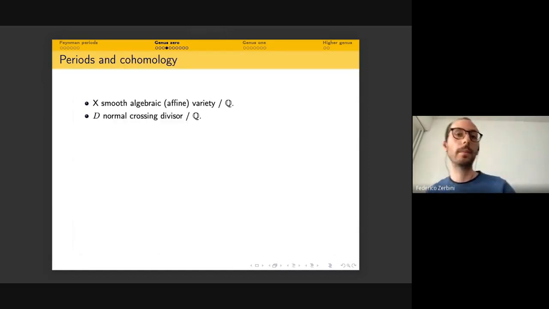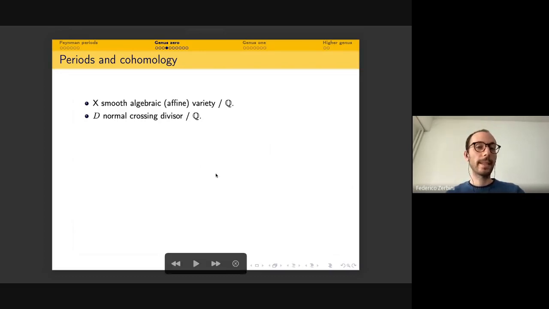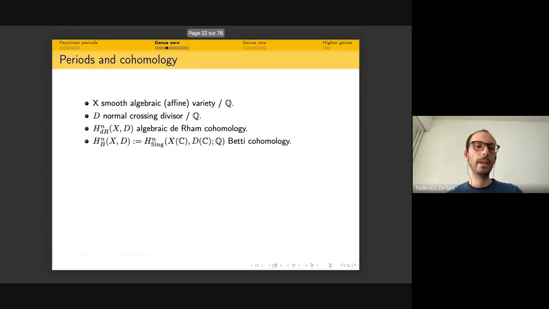So let's go to periods and cohomology. You probably all know all this, but let me briefly remind you. What's the setting? So we have a smooth algebraic variety. You can also think of an affine variety for the purpose of this talk, and a normal crossing divisor, everything defined over Q. Then you consider the algebraic de Rham cohomology of your variety, which for affine varieties is just the cohomology of the complex of global algebraic forms.